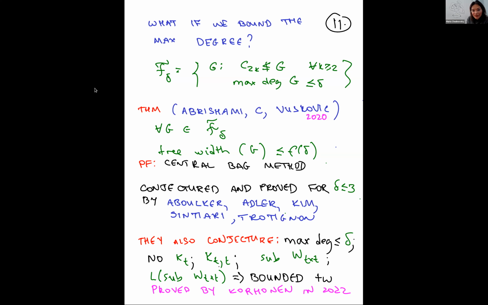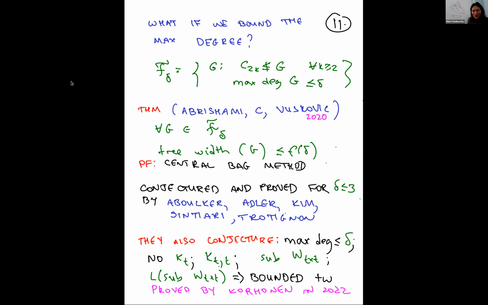And we developed a method to prove that theorem that we call the central bag method, which basically says in order to know how big the tree-width of this graph is, it's enough to look at a carefully chosen subgraph. What that allows you to do is deal with graph classes that admit natural decompositions. This central bag is a bit of the graph where you've already done every decomposition you can think of.